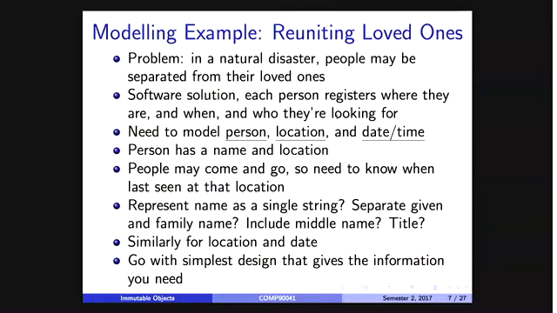What are the entities that we need to consider? So what do you think? What entities do we need in this? Person. Yeah, absolutely. That's the first thing. We have different people. Okay? What else? We're trying to get them back together. So what else do we need?